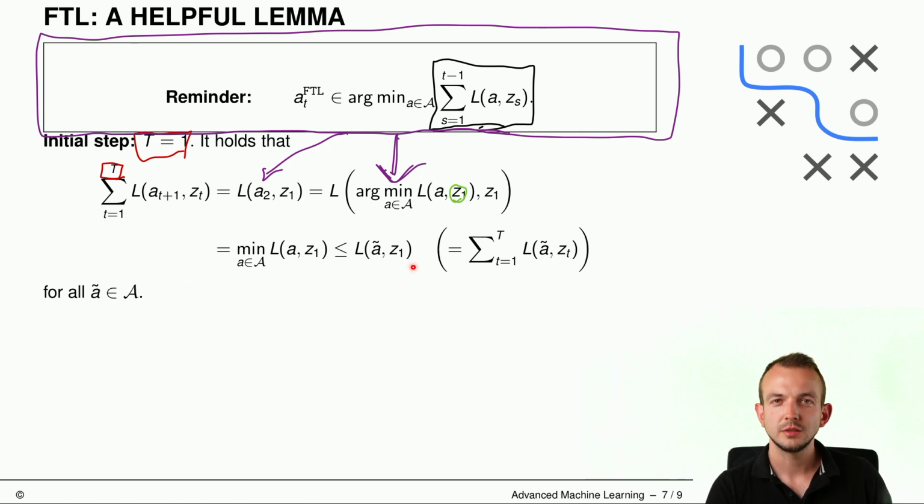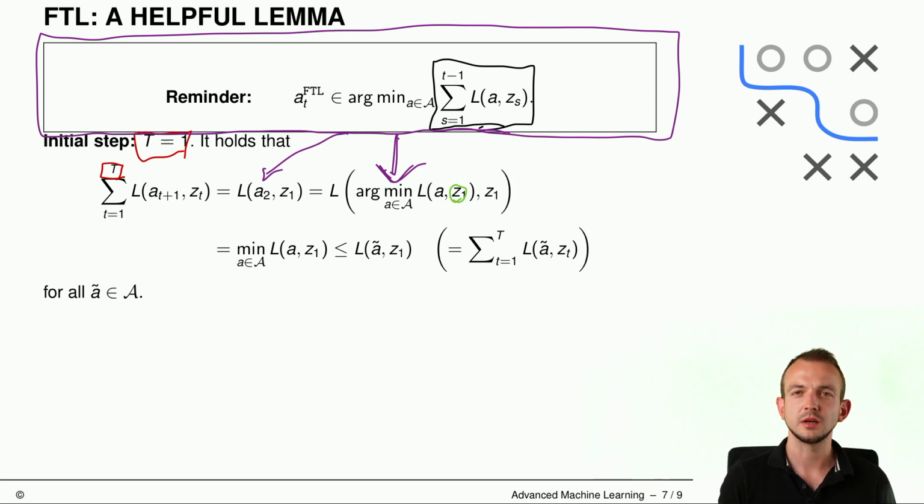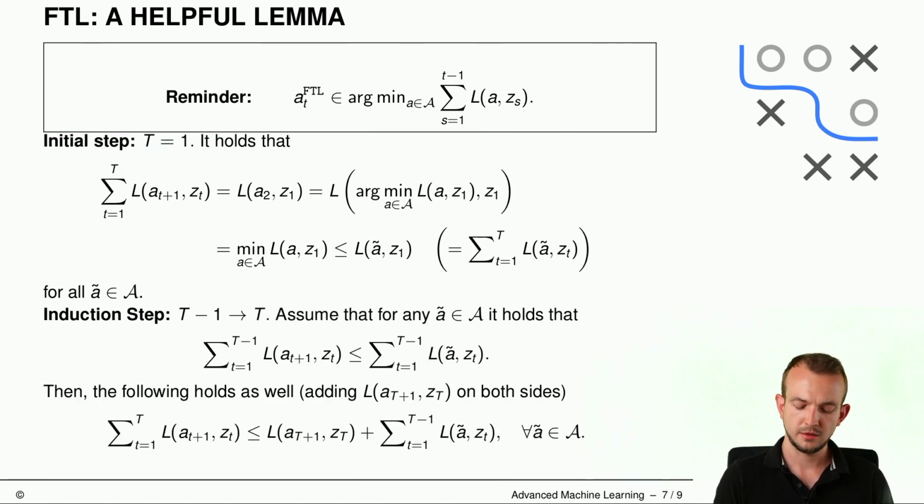And this here in turn is nothing else than the cumulative loss the competing action would suffer for time horizon 1. Because in time horizon 1, this is only one loss in the cumulative loss. So we see in the initial step of the induction, everything is fine.